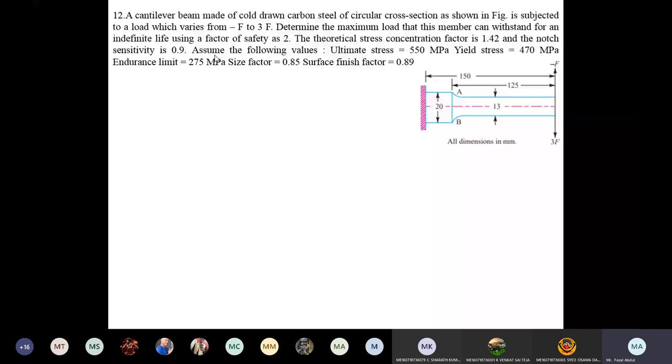Yesterday's problem and today's problem are very important. Definitely this type of question, not this exact question, but the method I am using here will arise in the examination.